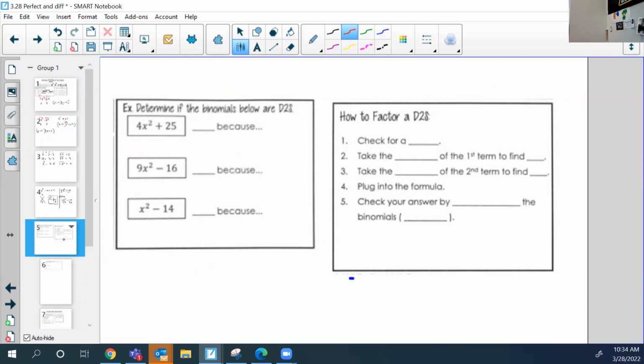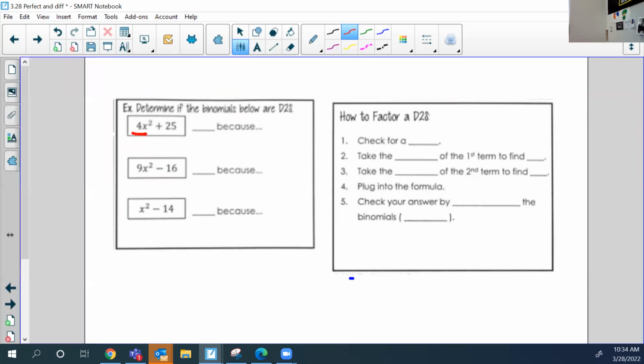Are the terms perfect squares? Yes, 4 and x squared are perfect squares, and 25 is a perfect square. But is there a minus sign in between them? No. So this is not a difference of perfect squares. So we say there's no real solution.